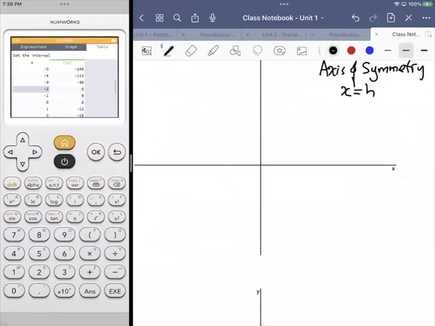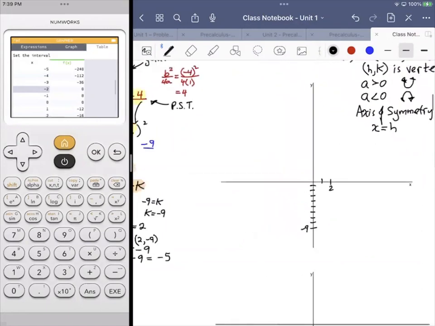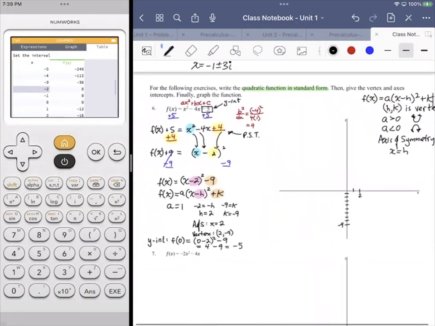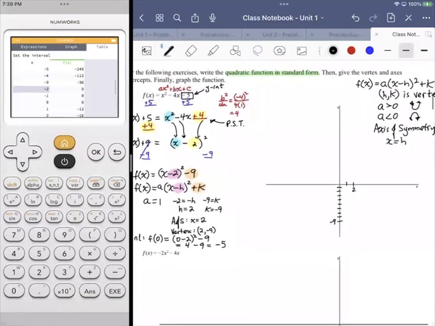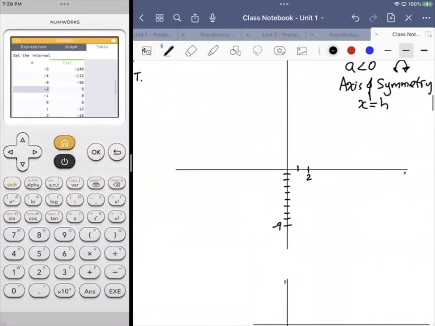So I'm going to make this 1, 2, 3, 4, 5, 6, 7, 8, 9. So that's where I'd have -9. 2 would be right about here. All right. I also know that there's a y-intercept at -5. So the y-intercept at -5 is going to be 1, 2, 3, 4 right here. So 2, -9 coordinates of the vertex.